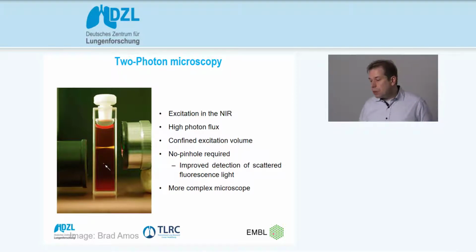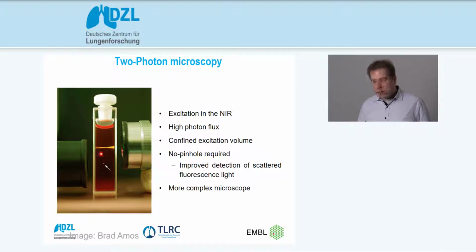This has a number of implications, and I will show you the most important one here, and why this is the reason why two-photon microscopy is very much appreciated in imaging larger organisms. So here on the top, you see the single photon excitation of a fluorophore in a cuvette, in the liquid in the cuvette, and you see that here is the focus in the center, but above and below the focus, we are also exciting the fluorophore solution because the energy is sufficient to do so.